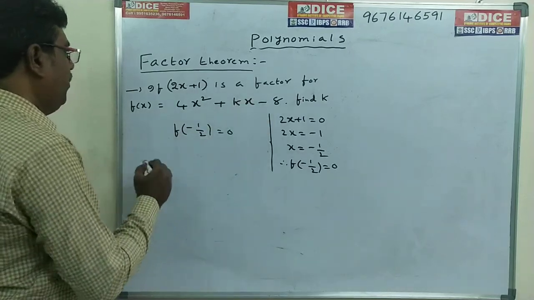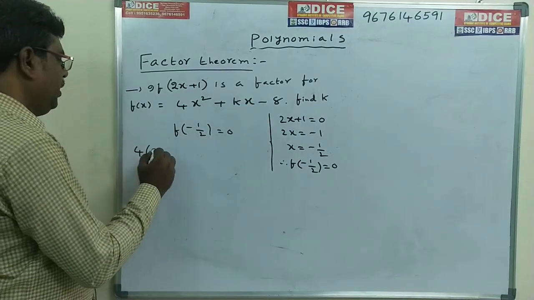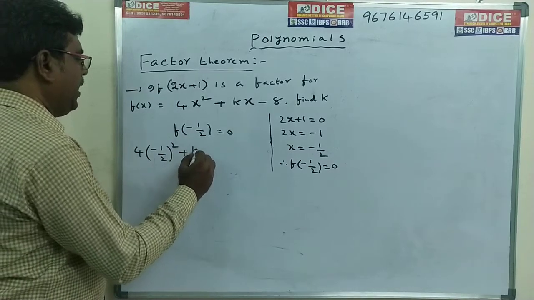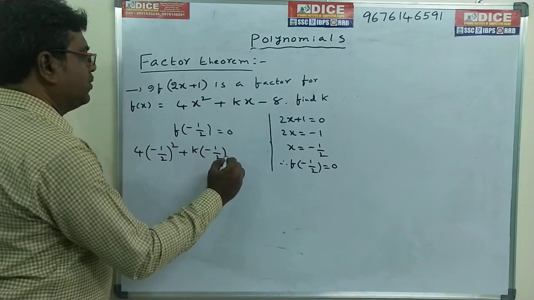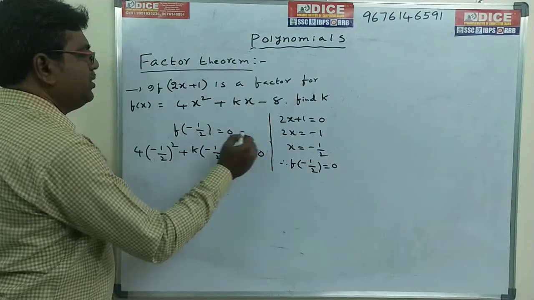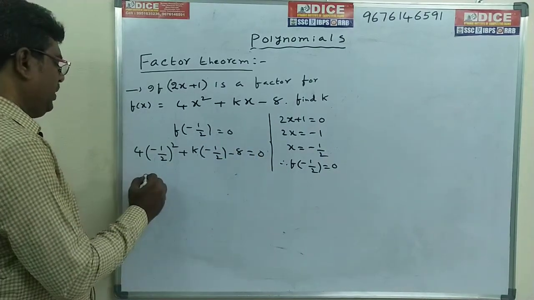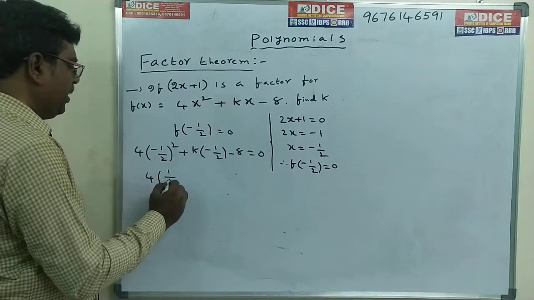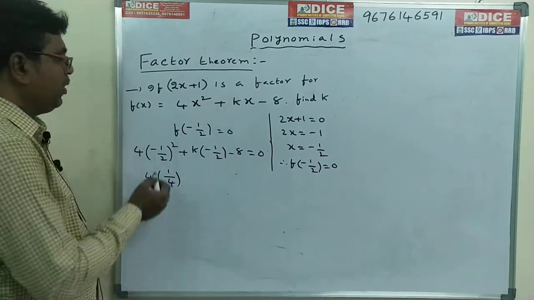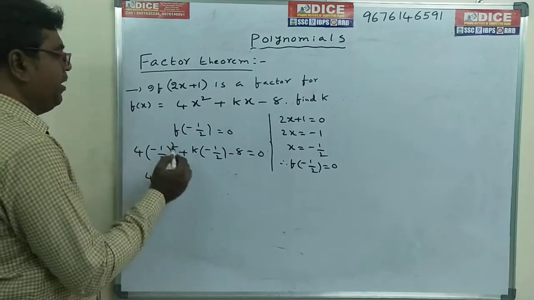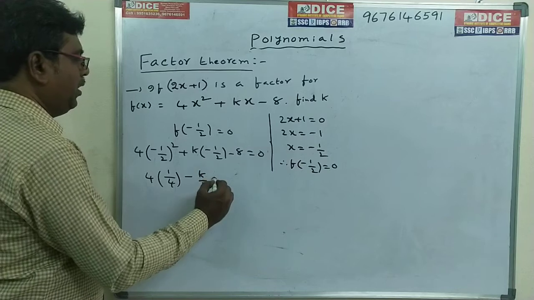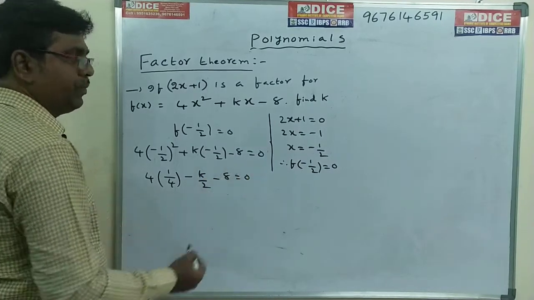Substitute here: 4 into x value minus 1 by 2 whole squared plus k into minus 1 by 2 minus 8 is equal to 0. So here 4 into minus 1 by 2 whole squared, so it becomes positive 1 by 4. 1 squared is 1, 2 squared is 4, minus becomes plus because it is even number. So it is minus k by 2, minus 8 is equal to 0.